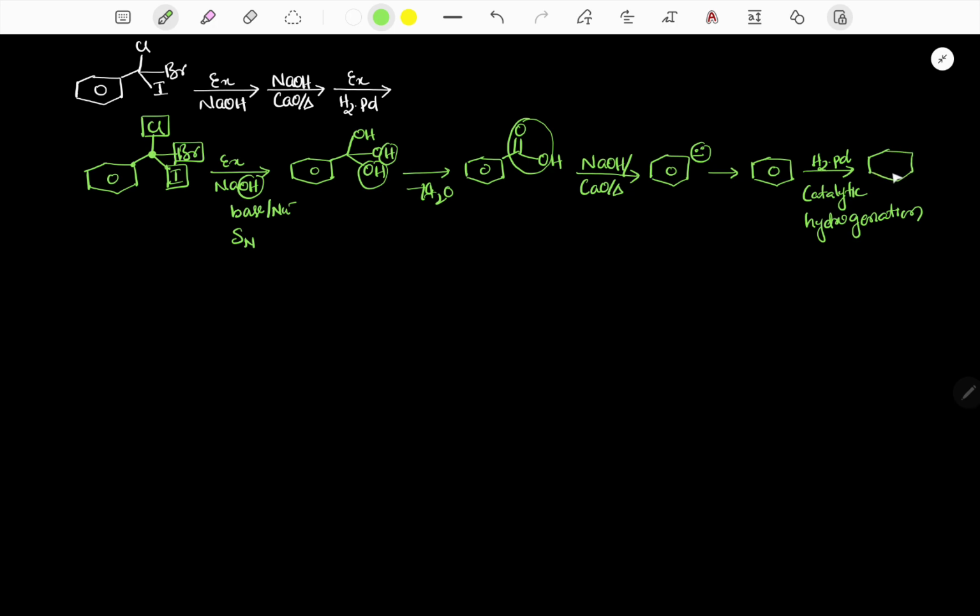So benzene undergoes reduction and finally gives the corresponding cyclohexane. And hydrogenation is always an exothermic reaction. Heat of hydrogenation is directly proportional to the number of pi bonds, and inversely proportional to the stability of the isomer.